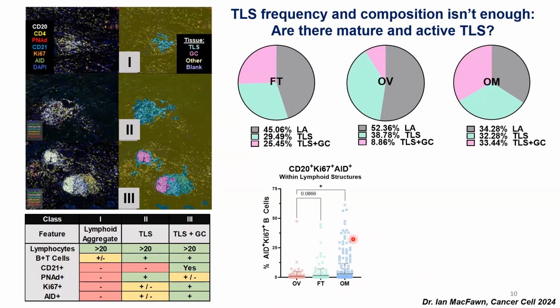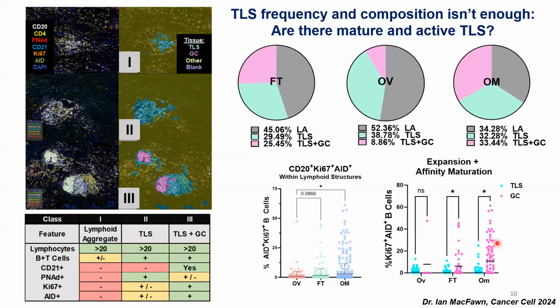But as expected, when you add the germinal center piece in, it goes up even more based off site. And so you don't really get this in ovary. Like, we don't have very many germinal centers, so it's not significant because there's not that many. But you can see in the fallopian tube and the omental tissues, when you have a germinal center, you have then increased activity.